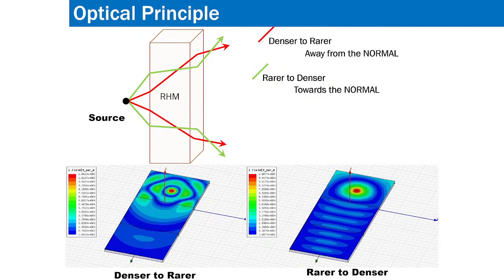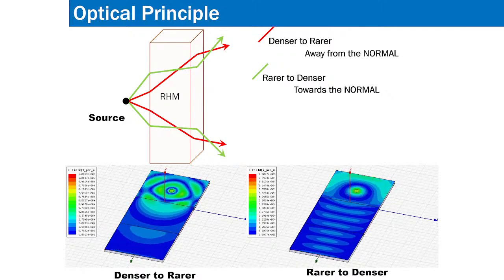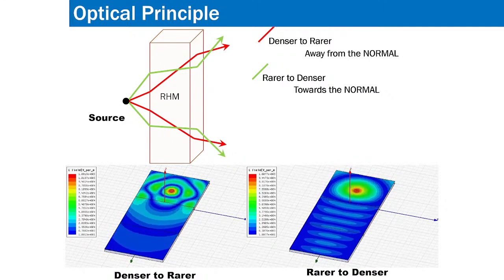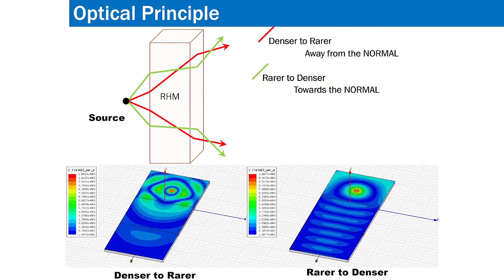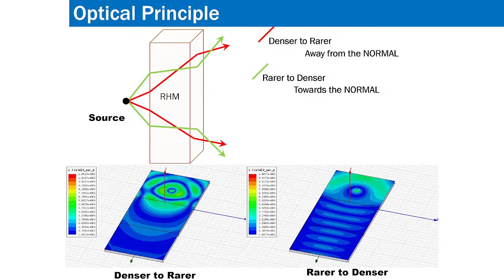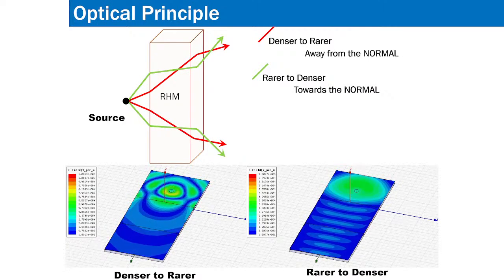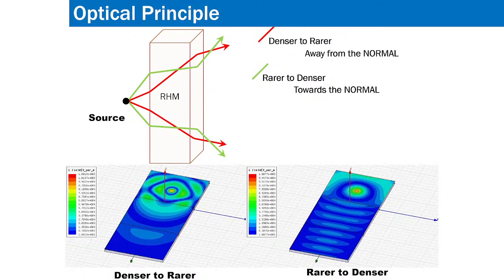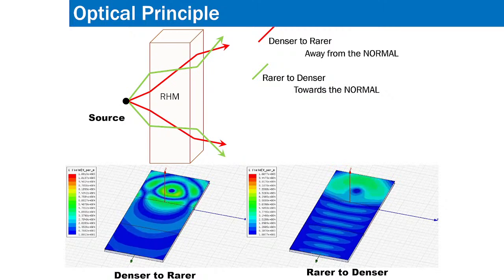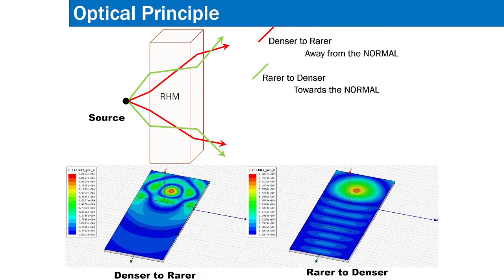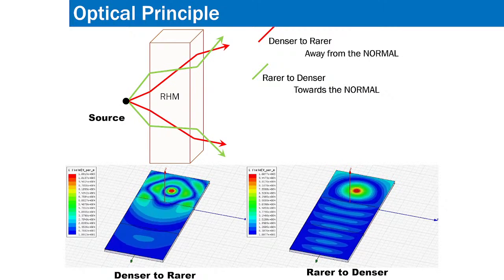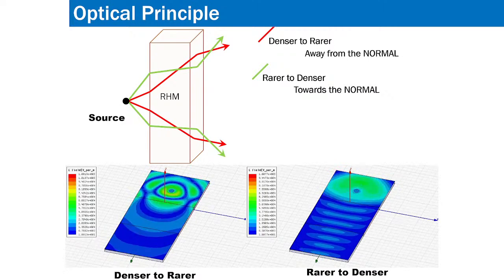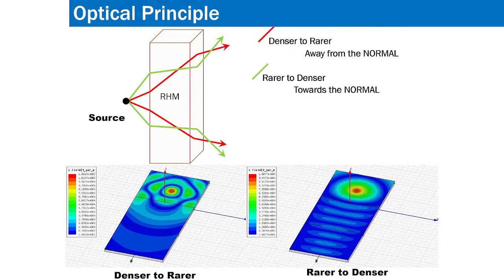At the boundary where we have drawn the z-axis, you can see the wave is bending away from the normal. If you look at the rarer to denser medium, on the right hand side, the wave comes from the source and bends towards the normal. Since it is bending towards the normal, it is converging in the denser medium. In the rarer medium, it is diverging. That is what you see.